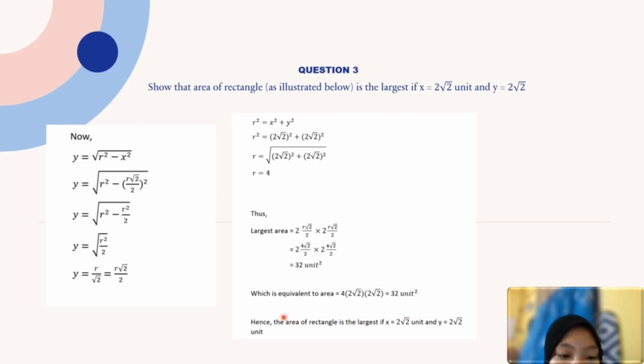So the proof is complete. Hence, the area of the rectangle is the largest if x is 2√2 unit and y is 2√2 unit.